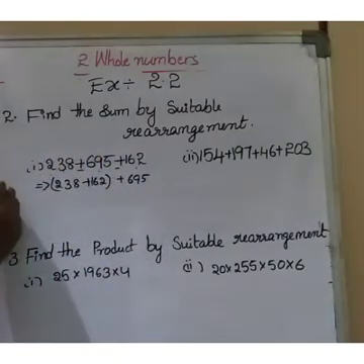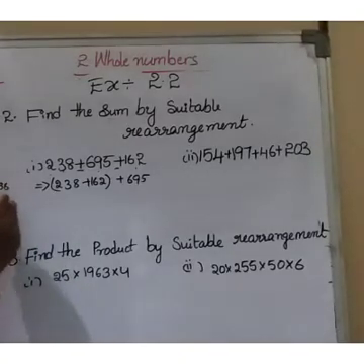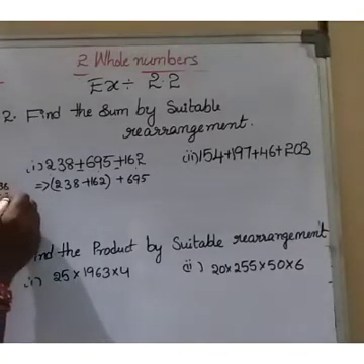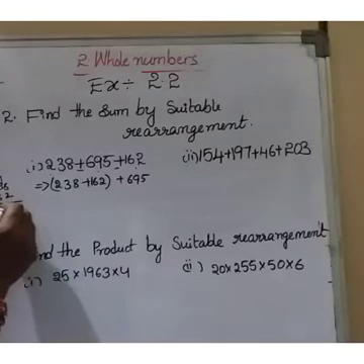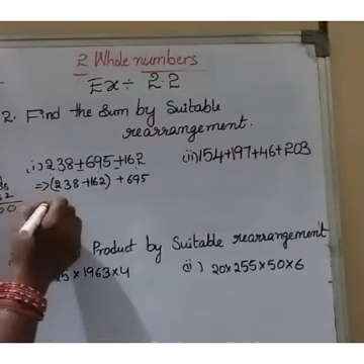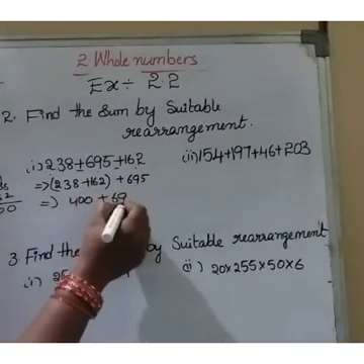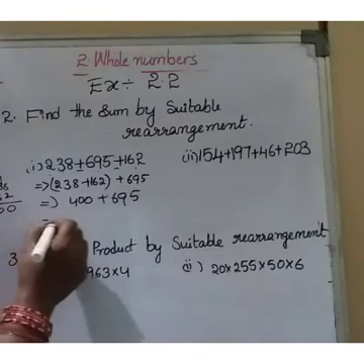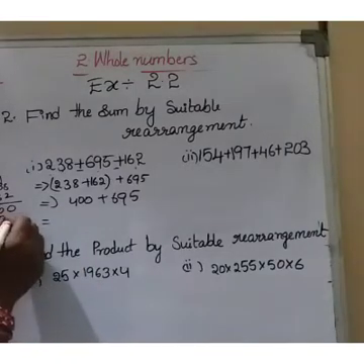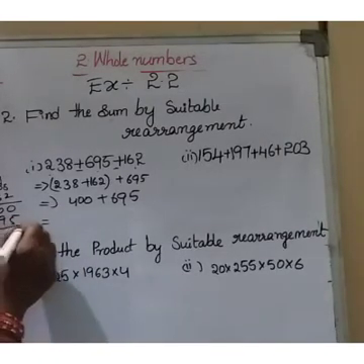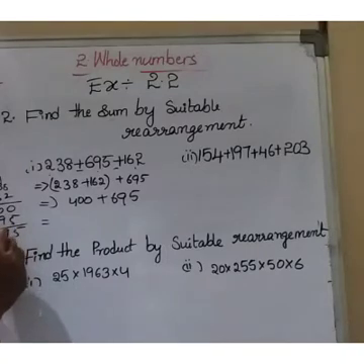Okay, 238, 162. 8 plus 2, 10. 6 plus 4, 10. 2 plus 2, 4. So 400 plus 695. Add 695: 5, 9, 6 plus 4, 10.